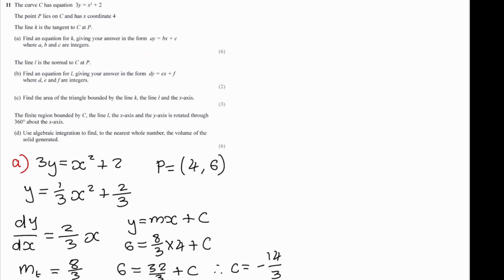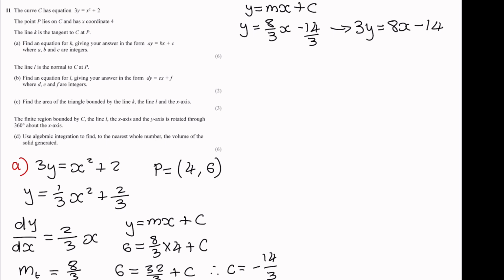So if we write it in the form y equals mx plus c, because we've now found c, we know y is equal to 8 over 3, the gradient, x, plus our c, which is minus 14 over 3, and then we'll rewrite that all with integer coefficients, so we need to multiply through by 3. So we get 3y is equal to 8x minus 14.